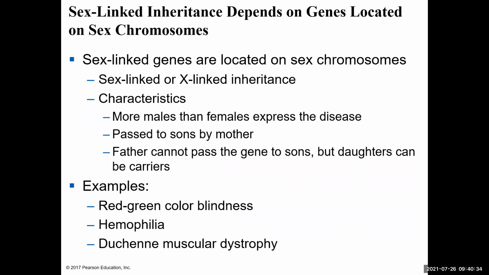And so you can have sex-linked genes where they're located on the sex chromosome. So these genes are only found on the sex chromosomes, and some of the more common ones are X-linked genes, so genes that are only on the X chromosome.